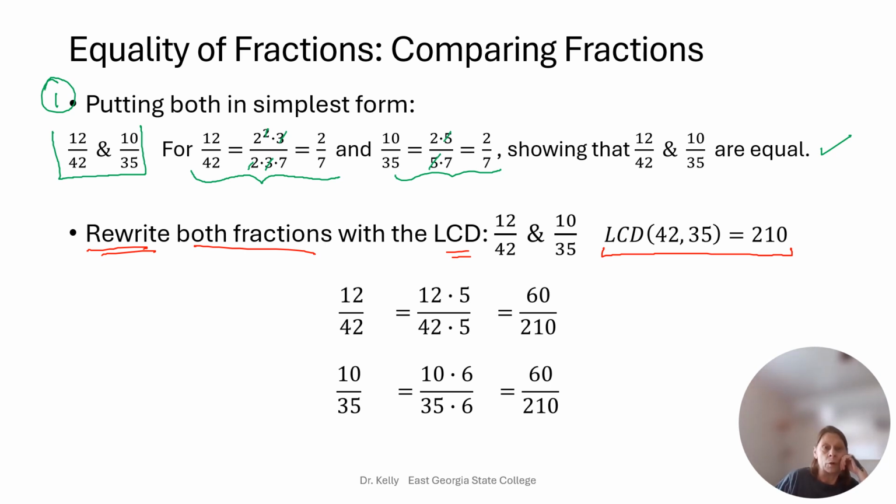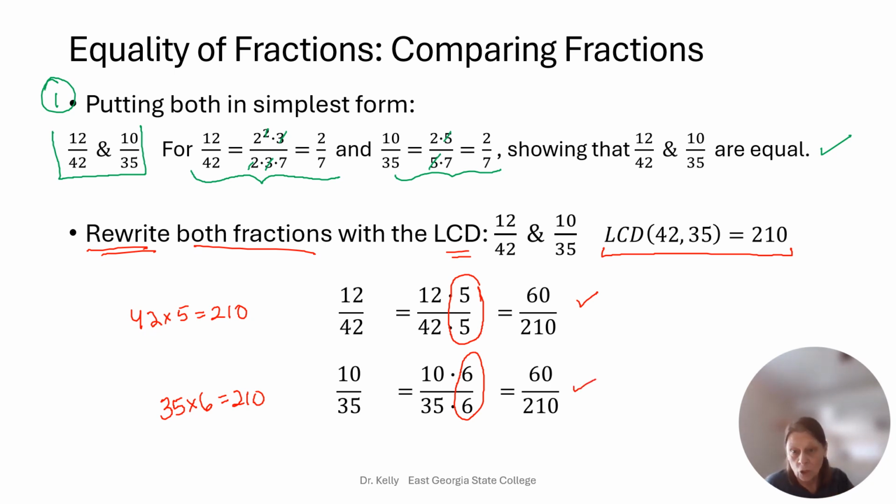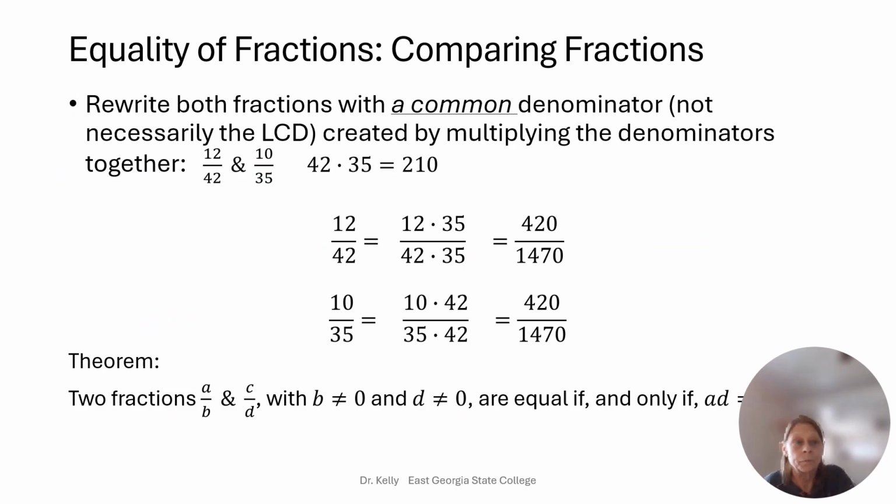So then I rewrote this equation here. I had to multiply our 12 over 42 by 5 because 42 times 5 equaled 210. And here I multiplied by 6 because 35 times 6 was also equal to 210. And when I did that, I came out with the exact same fractions, showing that they're equal.